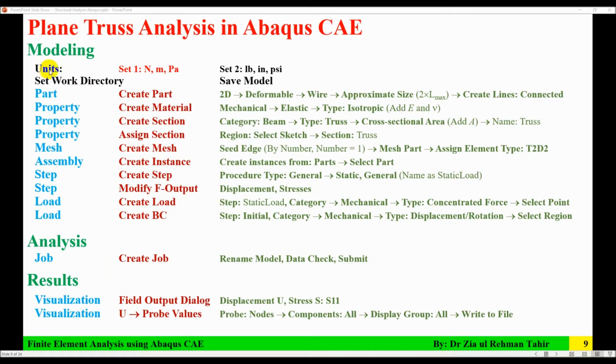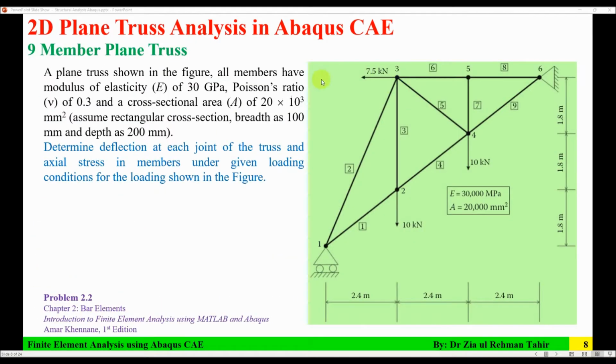First thing, Abaqus doesn't have any predefined units, so you have to select your own units. You can either go for Newton, meter, Pascal, or pound, inch, psi, or Newton, millimeter, megapascal. In this problem, all lengths are in meters, modulus of elasticity is in Pascal, and area of cross section is in millimeter squared, so you need to convert that into meter squared.